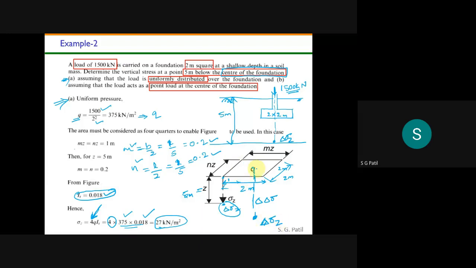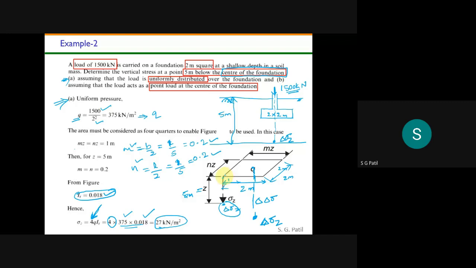Now I don't have any formula to calculate the increase in stress at the center of the square, but I have the formula to find the increase in stress at one of the corners of the square, right?